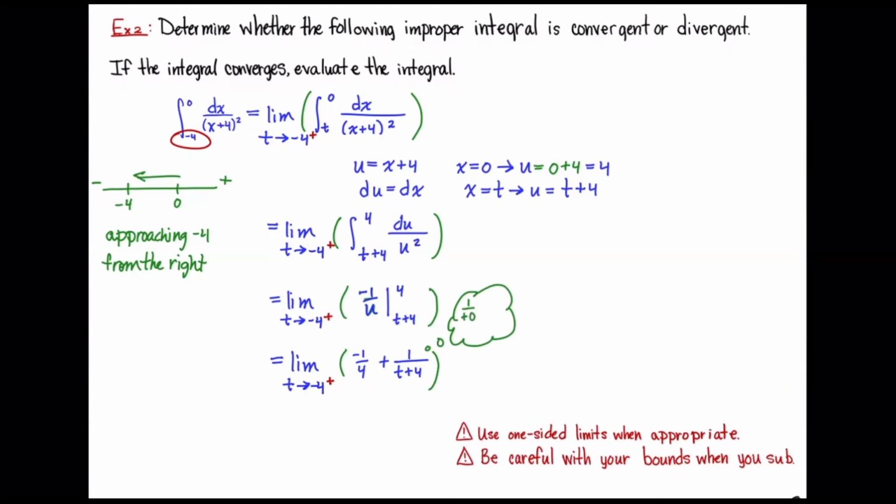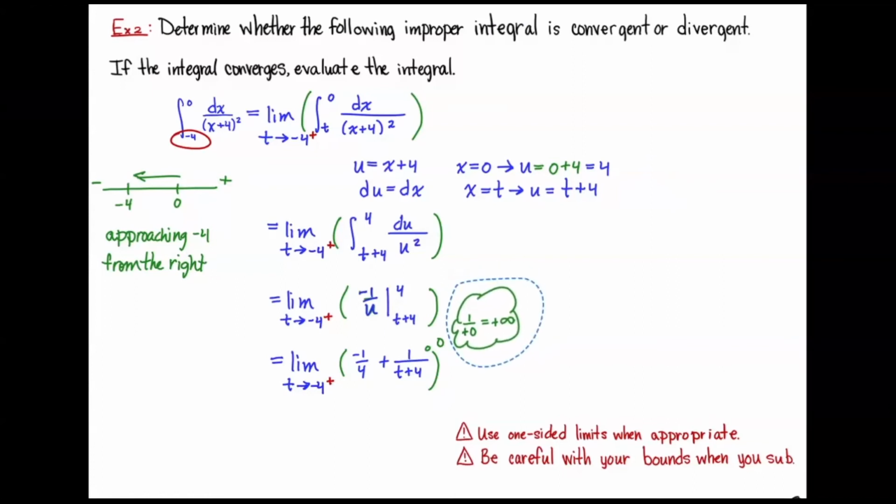So a very, very small number, but positive small number, which will give you positive infinity. Something that is growing infinitely large, -1/4, is still growing infinitely large. So we say that this limit goes to positive infinity.